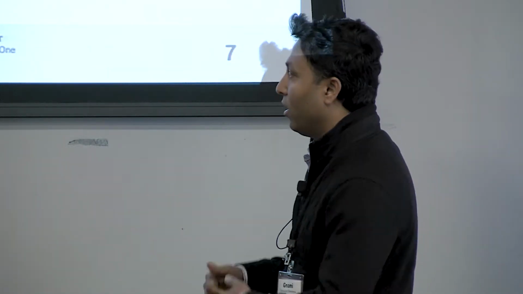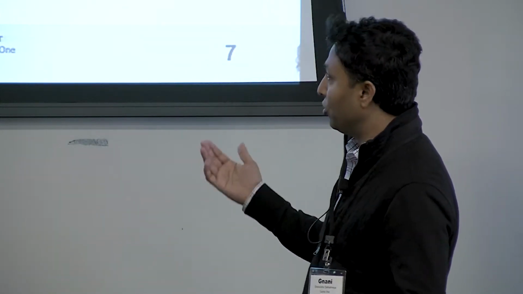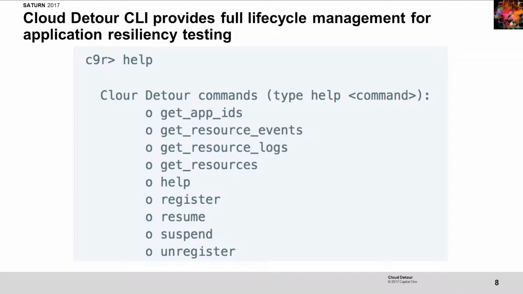So this is an example of how you describe your application, and you are choosing different types of disruptions for the cloud resources your application uses. You take this and use our CLI tool to submit a request. Here is our CLI tool.